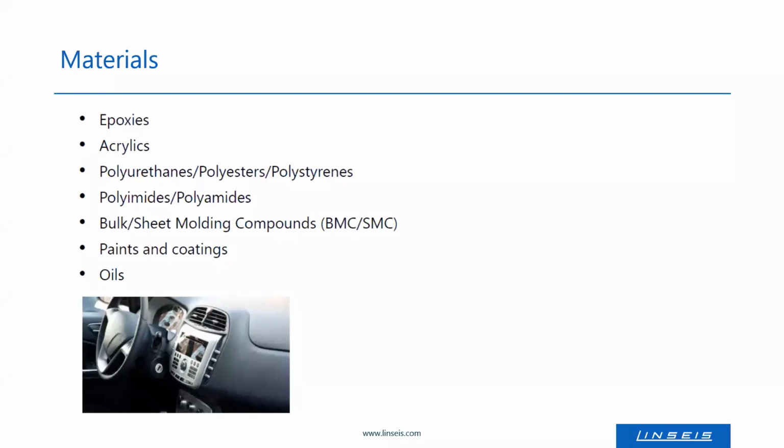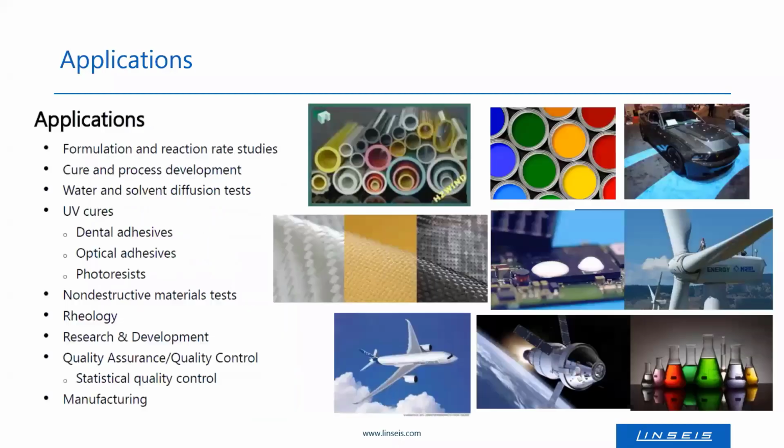Typical materials which can form polymer networks, maybe you know that, or you work in these fields, are epoxies, acrylics, polyurethanes, polyesters, polystyrenes, polyimides and amides, bulk and sheet molding compounds, paints, coatings, oils, and some more.